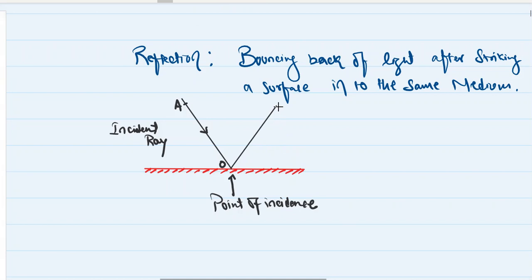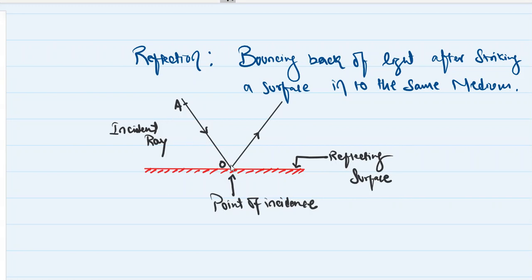So I will draw one more ray such that it looks like it goes back into the same medium. So what is that medium we are talking about? Medium is this space, the space on the upper side of this reflecting surface. So this space above the reflecting surface is known as medium.